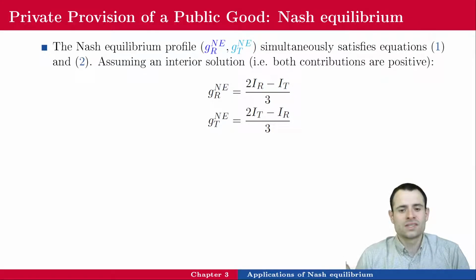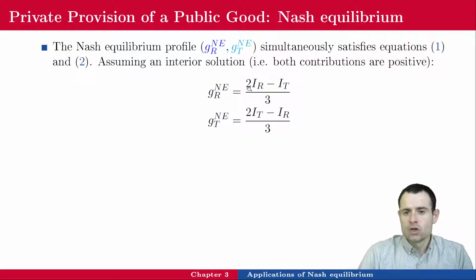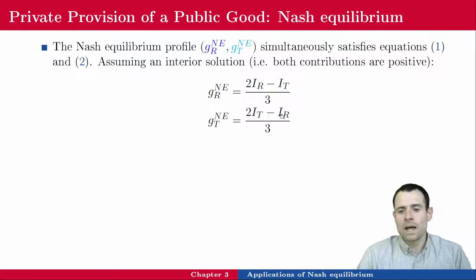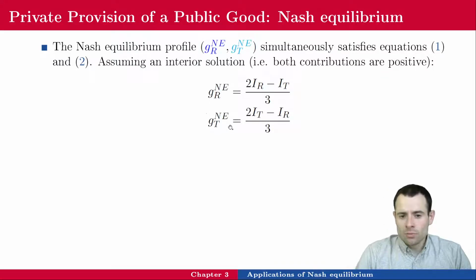And if you solve this system of equations, you get the optimal contribution of Rosia is 2 times her income minus the income of Tom, divided by 3. And for Tom, it's 2 times his income minus Rosia's income, divided by 3. Note that the Nash equilibrium never depends on the other person's contribution.